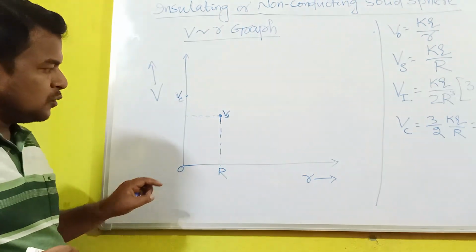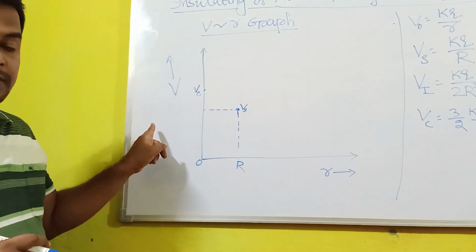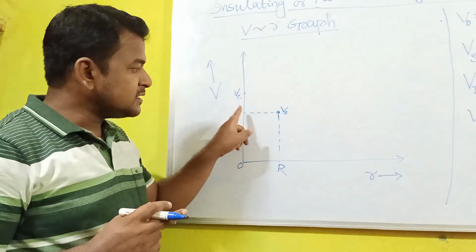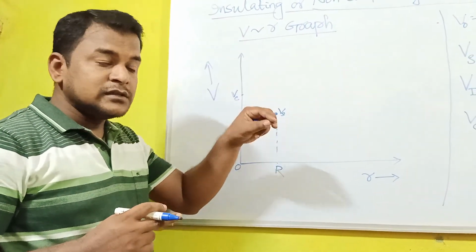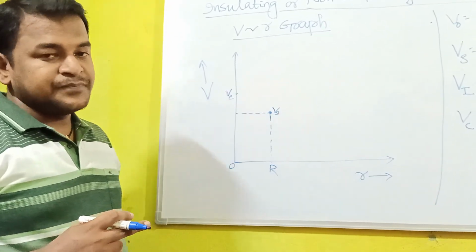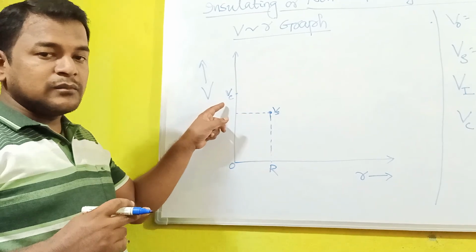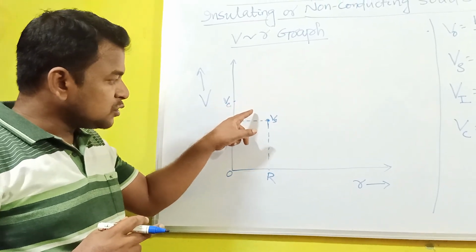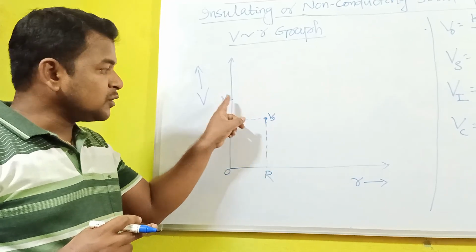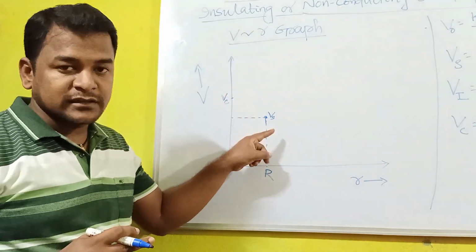Look, we conclude that the potential at the center is 1.5 times that of the potential on the surface. That means while we are moving from the center towards the surface, the value of potential goes on decreasing.